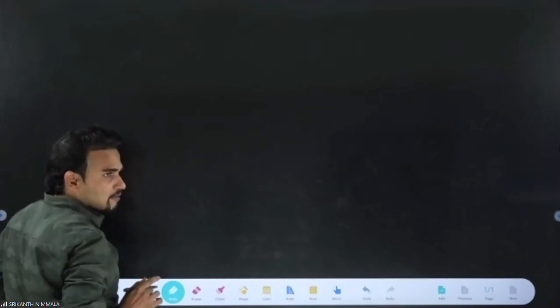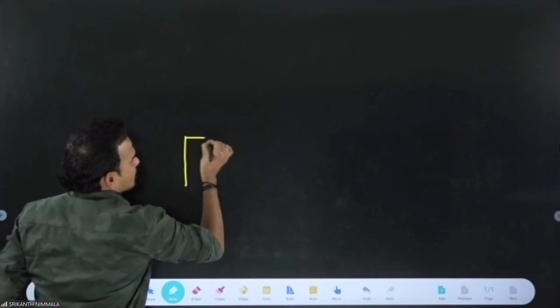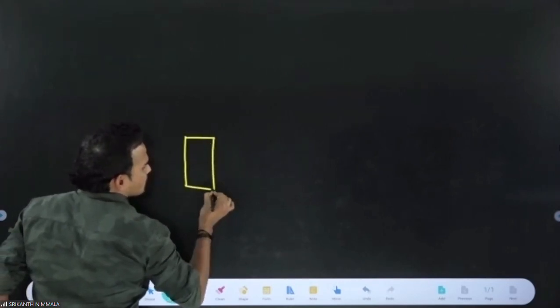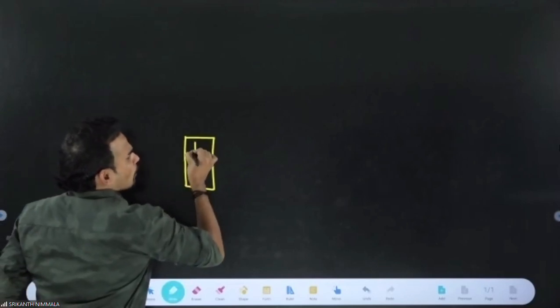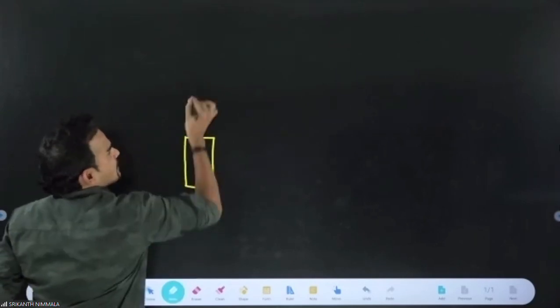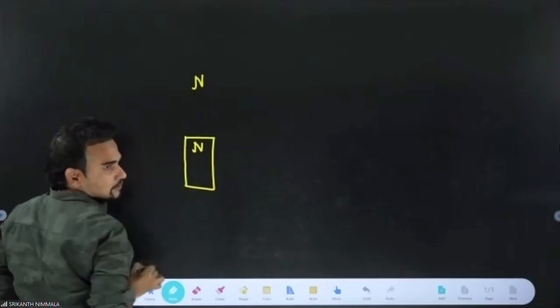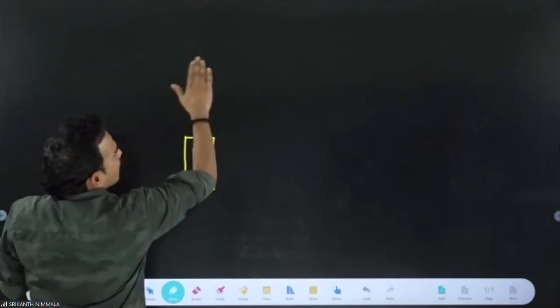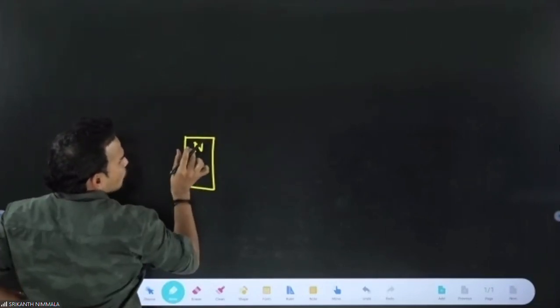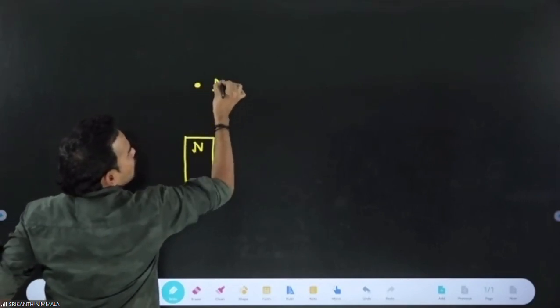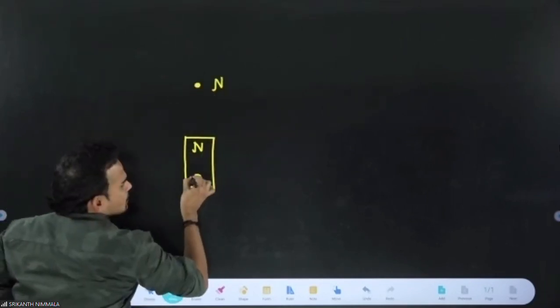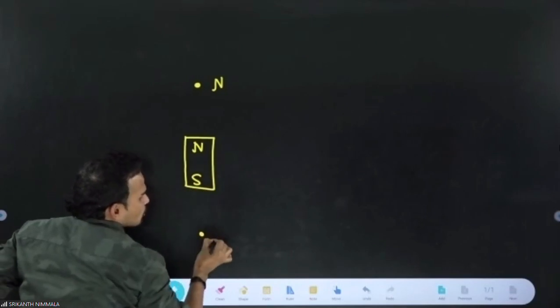They will say a bar magnet is placed. They will say one bar magnet is there. This bar magnet is placed such that the north pole of the bar magnet faces north direction. North pole of the bar magnet, somewhere here you will be having north direction. So they will say such that the north pole of the bar magnet faces north direction and the south pole of this bar magnet faces south direction.